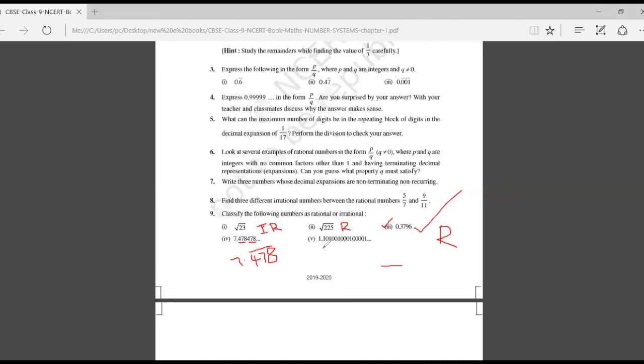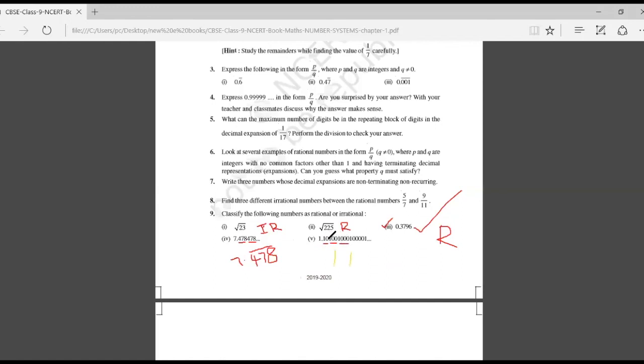Last one. Girls, please respond. Is it rational or irrational? Rational. Who said rational? Who is this voice? Irrational. Look here, if you observe, I'm writing. Here 10 is there, like after 1 comes 0. Here 1 0 0. Here 1 0 0 0.